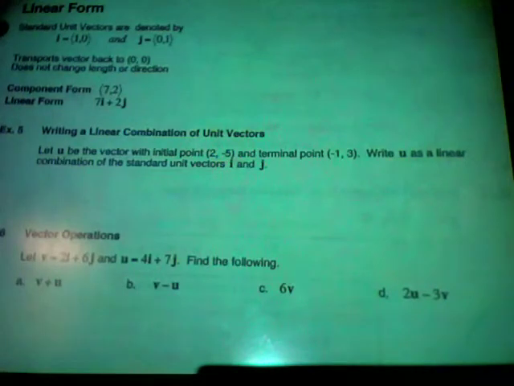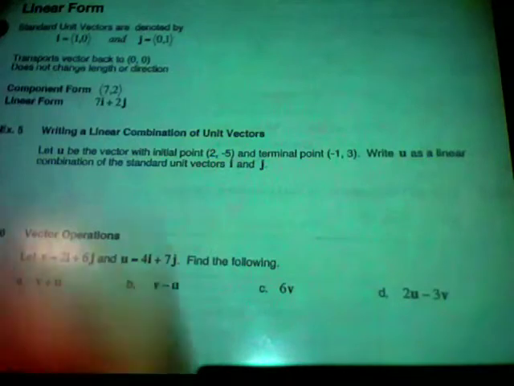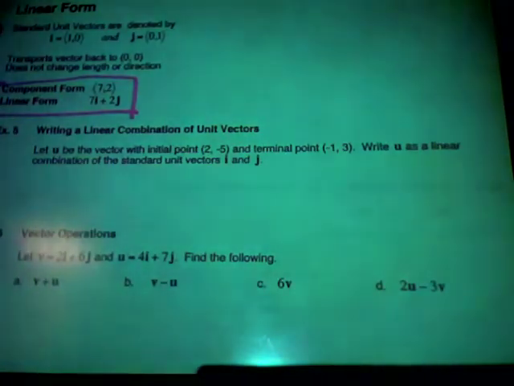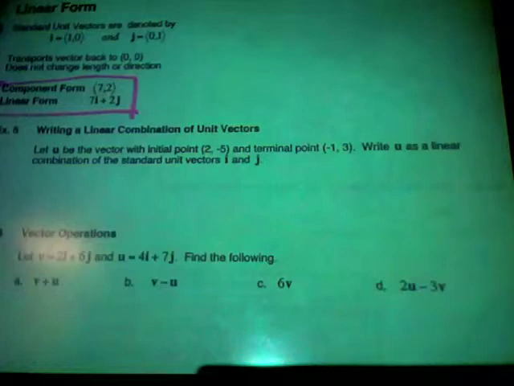So that's why they're unit vectors. Okay. All right, so we're going to look at the component form versus the linear form. You have to know the difference. So if I were you, I would box this out. In order to get what's called linear form, all you have to do is get the vector into component form and attach an i onto the x value and a j onto the y value and put a plus in the middle.